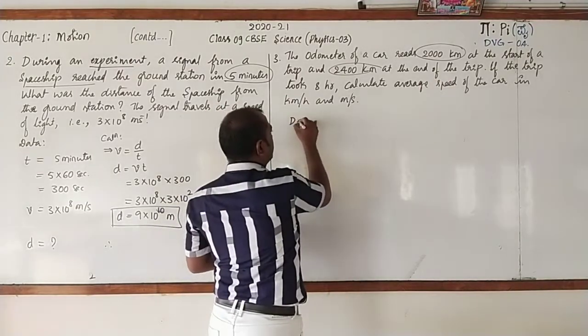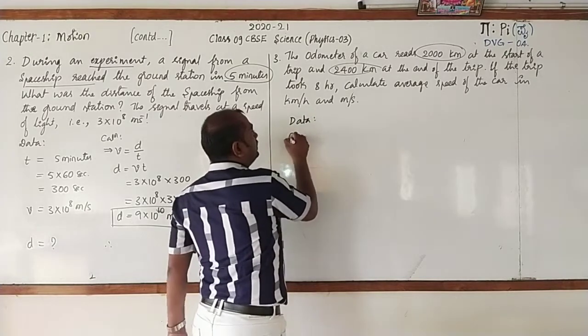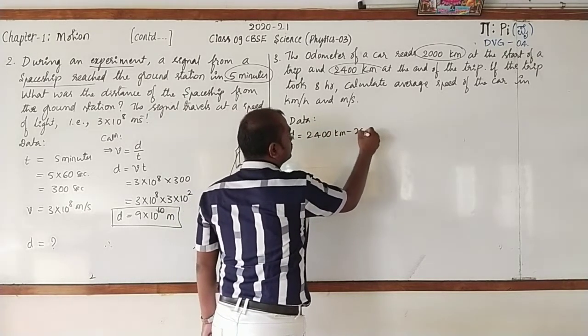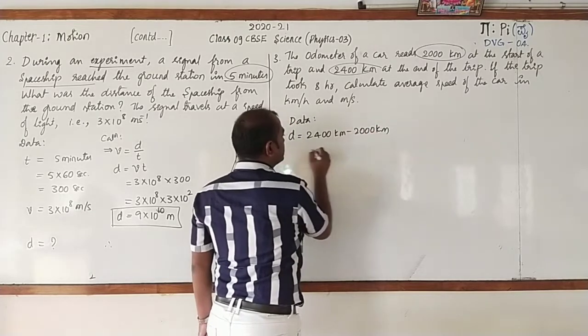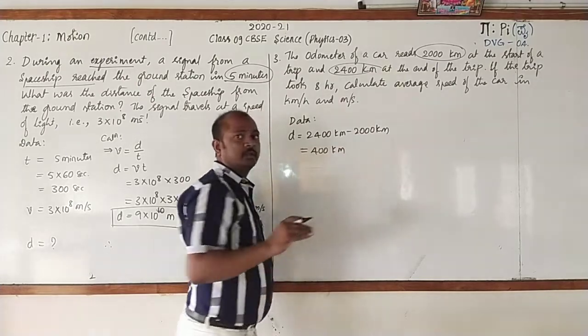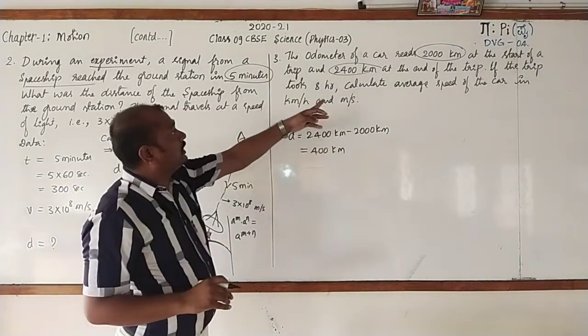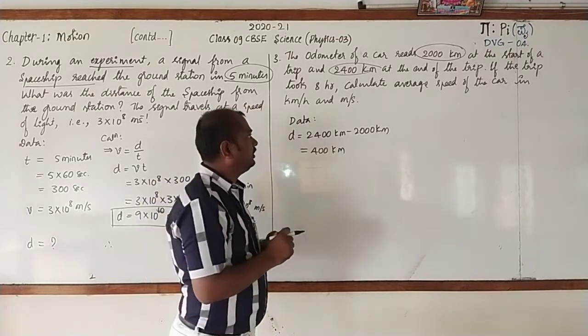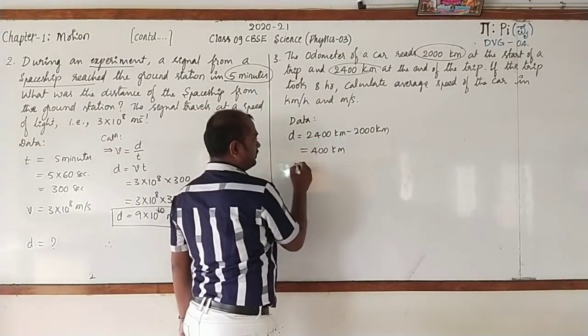Here I'll write the data. D is equal to, directly you can write 2400 kilometer minus 2000 kilometer, which is equal to 400 kilometer. Next, for 400 kilometer, what time have they taken? It is 8 hours.